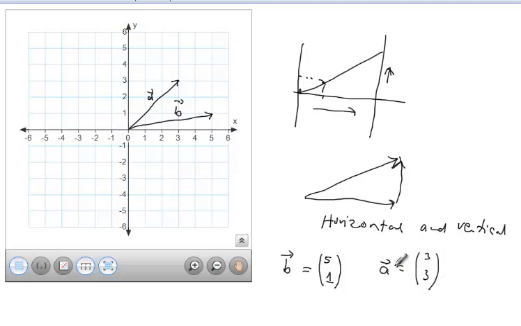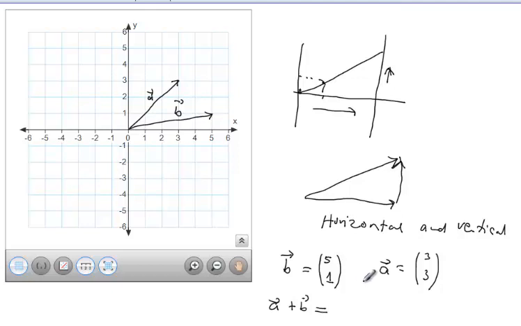Now, the other thing is you can even add A plus B using this kind of representation. But once you use this representation, once more we're coming back to matrices. What are these? Column matrices.